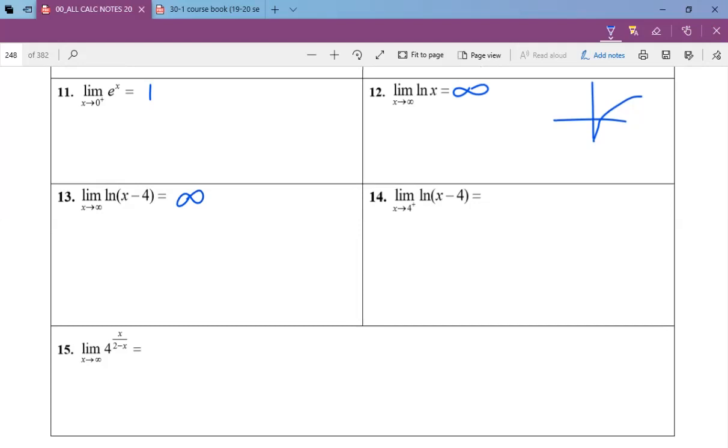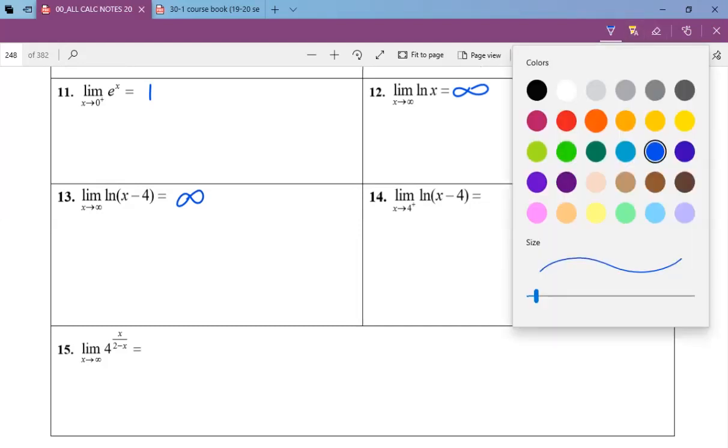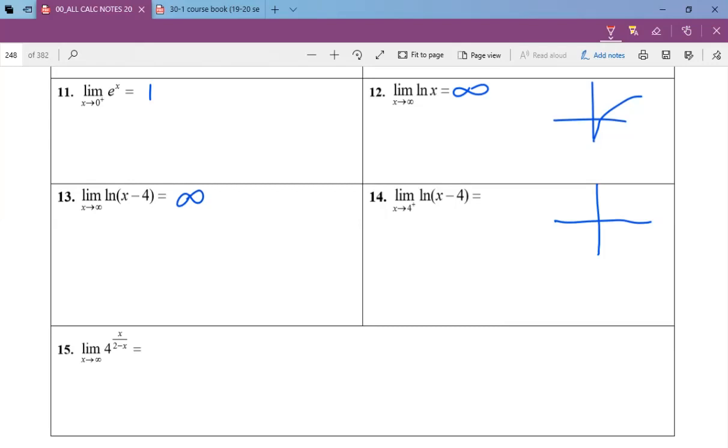The limit of natural log of x minus 4 as x goes to 4 from above. Okay, we have to stop and pause for a second here and think about what's going on with this. As x goes to 4 from above, this is the natural log of x minus 4. So this is the natural log curve that's been shifted to the right by 4.